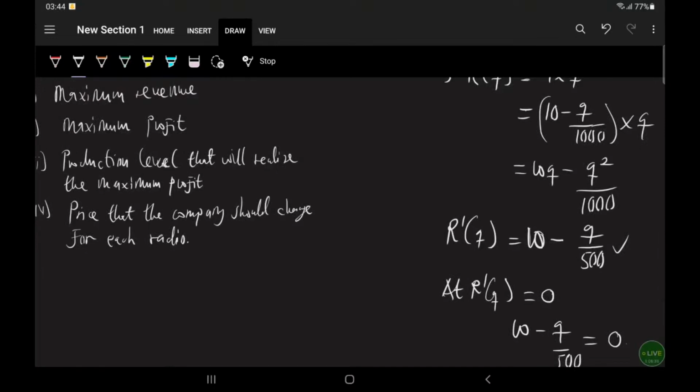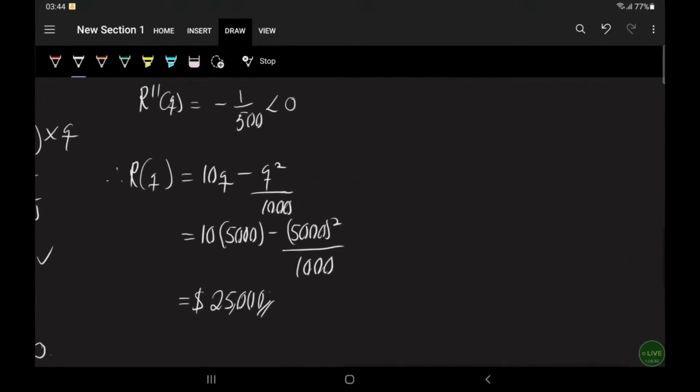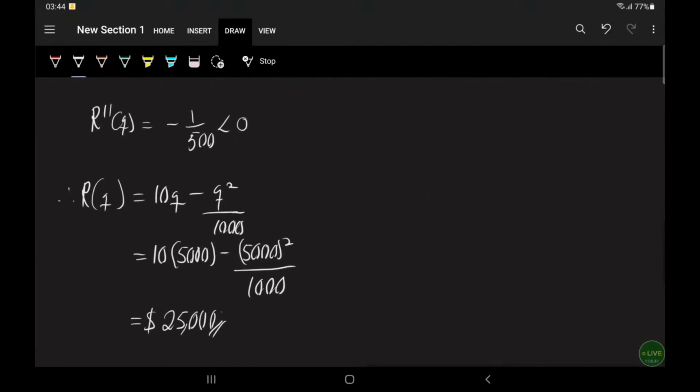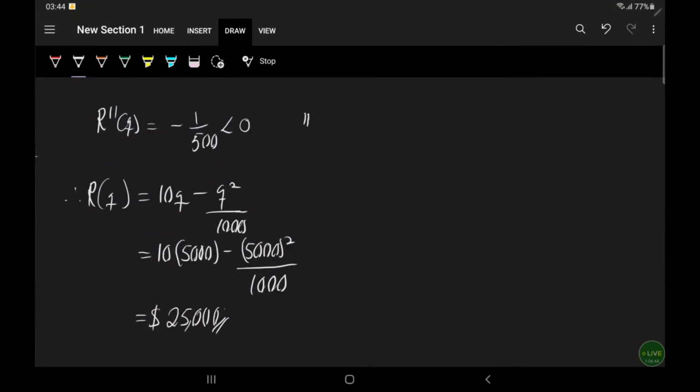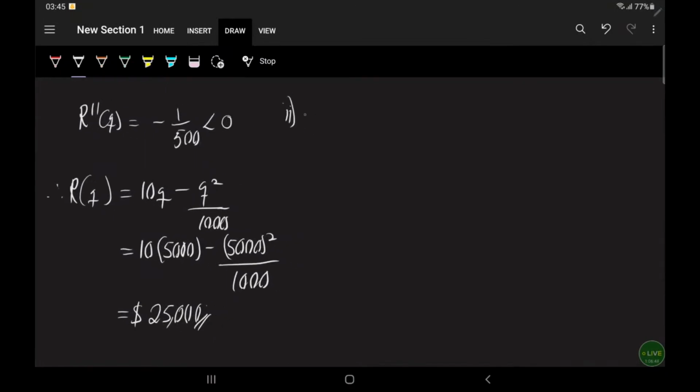So how do you then find your maximum profit? To find your maximum profit too, you first of all need to determine your profit function.